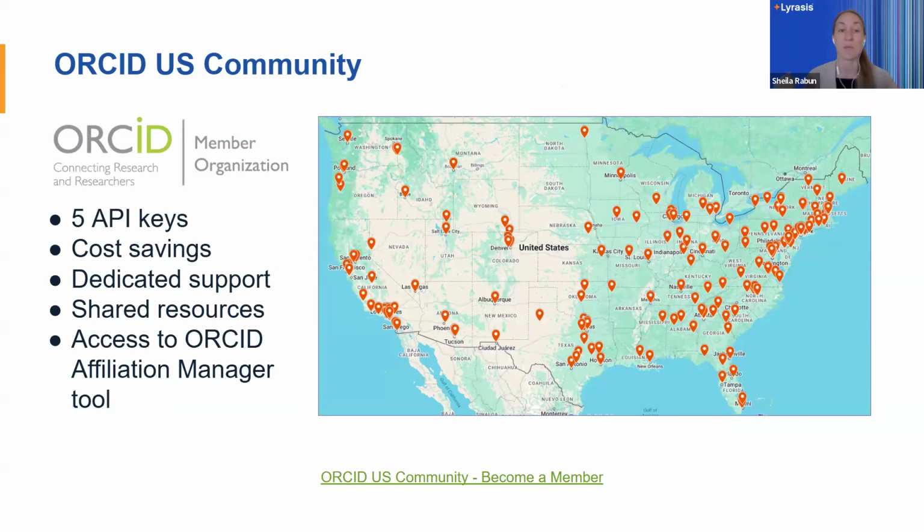Because we have multiple organizations coming together, we can really leverage that community approach with cost savings. And we provide a range of resources and also dedicated support for all questions related to ORCID and help guide organizations along their ORCID adoption journey and bring community members together to share insight and discuss different ideas and approaches.